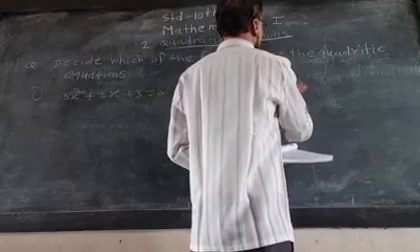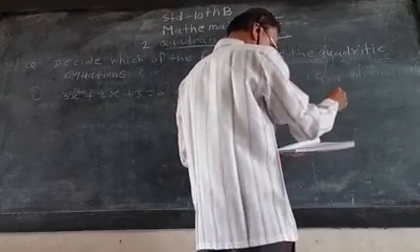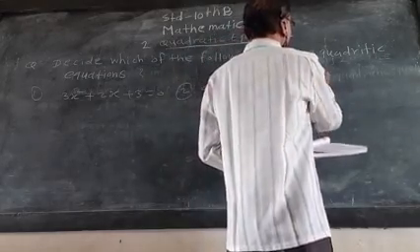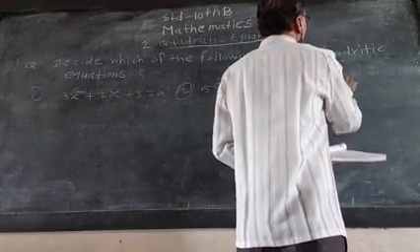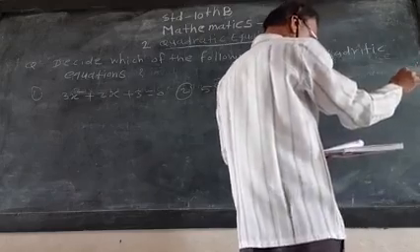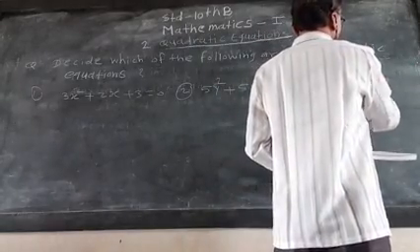Third: m cube minus 5m square plus 4 equal to 0.